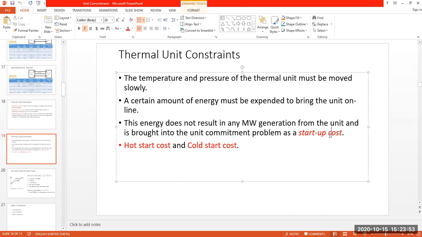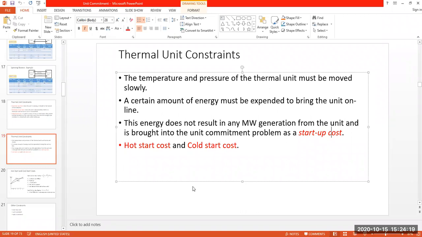As I know, big thermal units require hours to actually get running or to be able to supply power, right? Some time is needed. So what would you do when, let's say, your algorithm gives you the information that now you can turn the unit off?